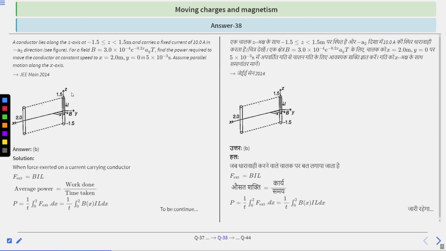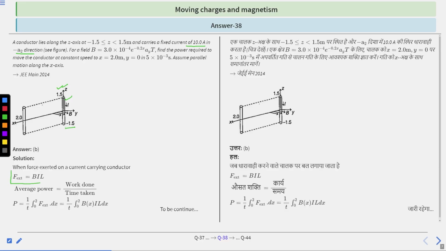So this is the z-axis and the range is minus 1.5 to 1.5. Clear? And the current is 10 ampere in this direction. So when a force is exerted on a current carrying conductor, this one, the external force F external is equal to BIL.